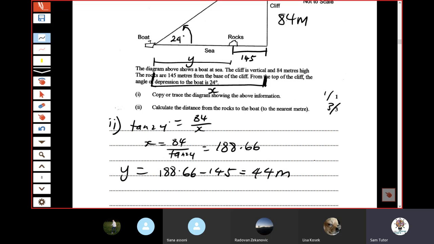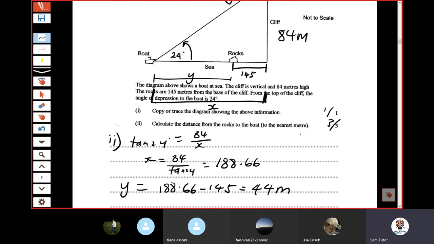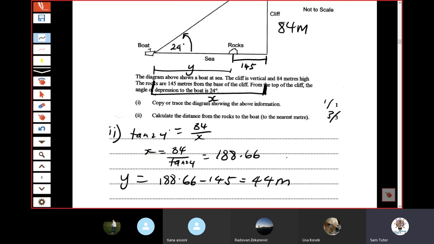This is an exam question. See how simple it is? Okay. Any questions?